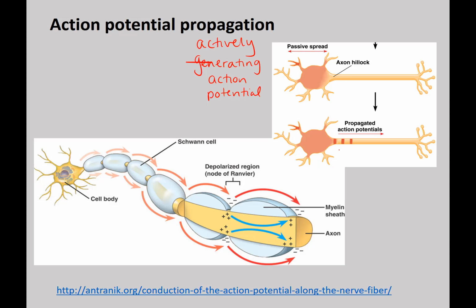And I want you to notice that the action potential propagation is shown in little areas. It's not this spread like across the cell body. And each of these little areas represents a node of Ranvier.